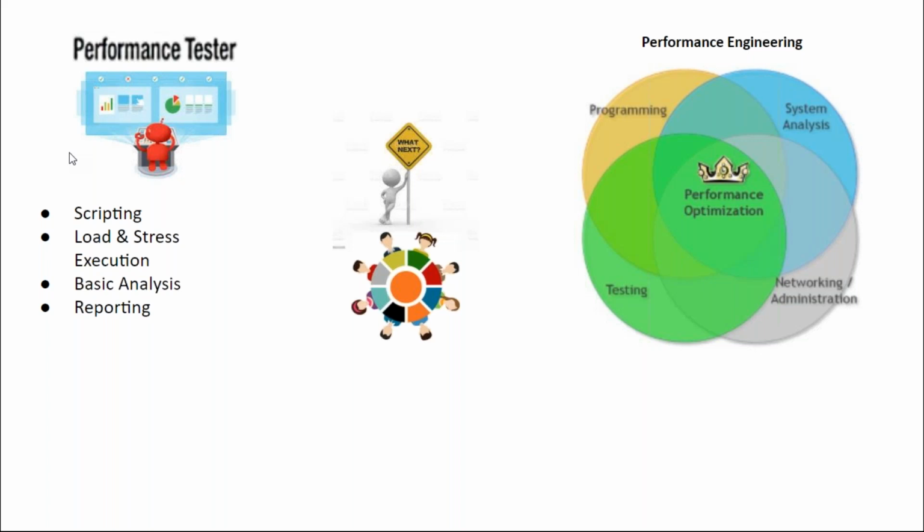So that is one aspect of what next. If you are a performance tester, you can upskill yourself to a functional testing area or a security testing area, so that you can fit into that particular role of full stack testing.